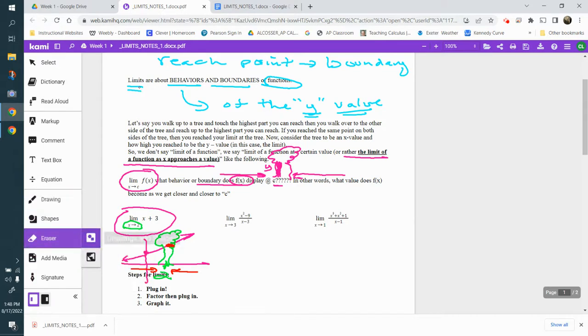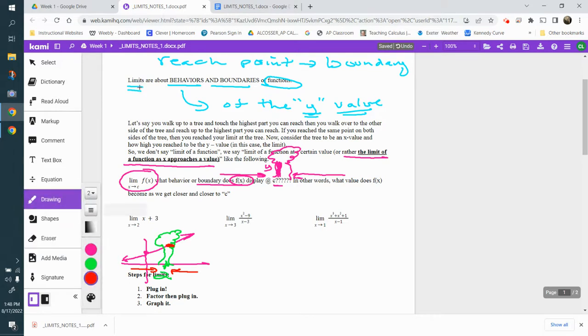Let me get my eraser here and erase that one. I know that the limit as x approaches 2 of 2 plus 3 is going to equal 5. So my answer is 5. Okay? So then we put an equals 5.